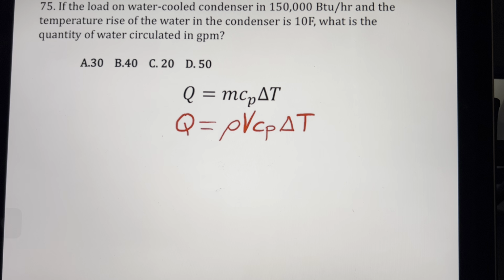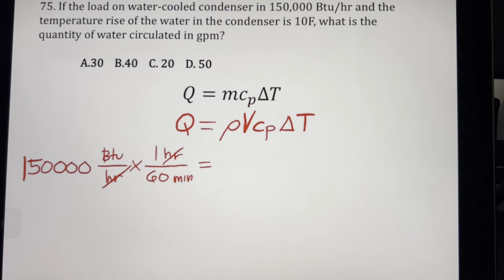Okay, so using Q as our load in the condenser, that's 150,000 BTU per hour. And since we are asked for the volume in gallons per minute, we should convert our load also per minute. So we know that 1 hour is 60 minutes. The density of our water, when the volume is in gallons, is equivalent to 8.33 pounds per gallon. Hence volume, which is the unknown.